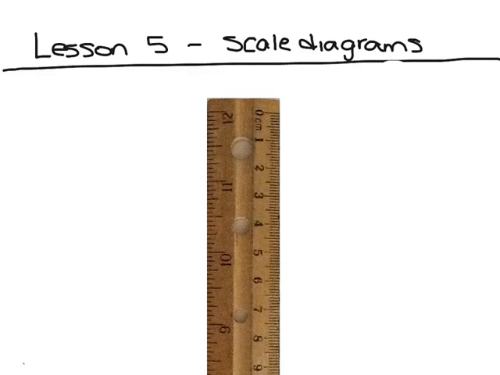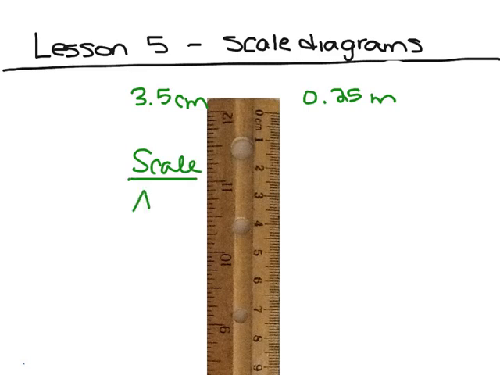And example 3, the diameter of an animal cell is drawn on a scale of 3.5 centimeters. The actual size of an animal cell is 0.25 millimeters. So we want to find the scale factor. So we're going to do the scale size over the actual size.